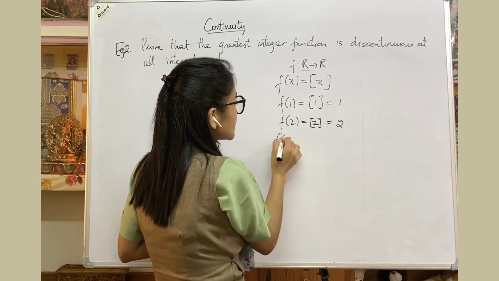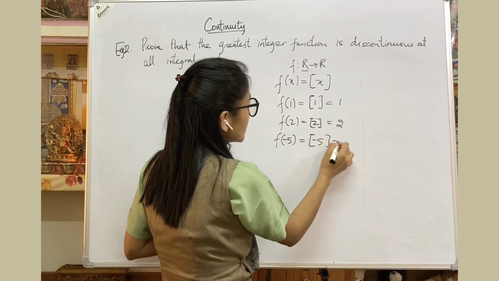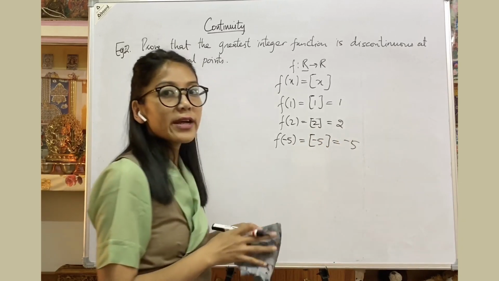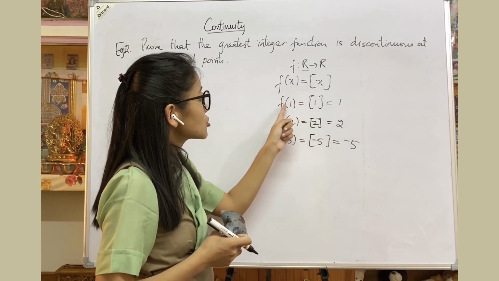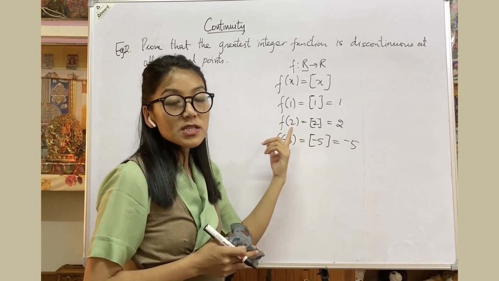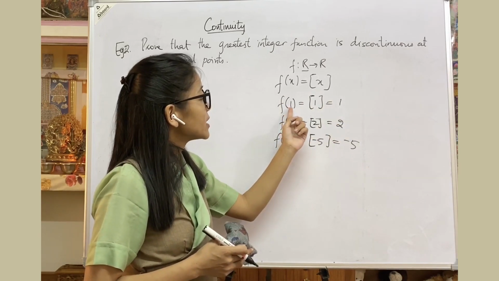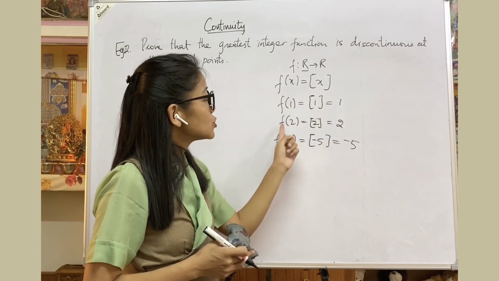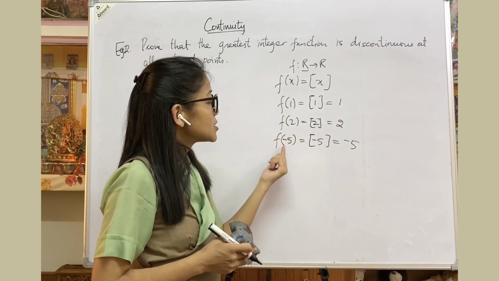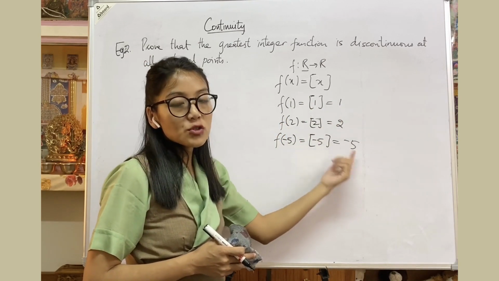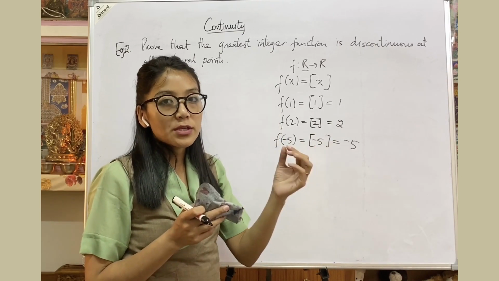The greatest integer function of negative 5 is negative 5. So for all the integers, whether positive or negative, you will get the same image, the number itself.